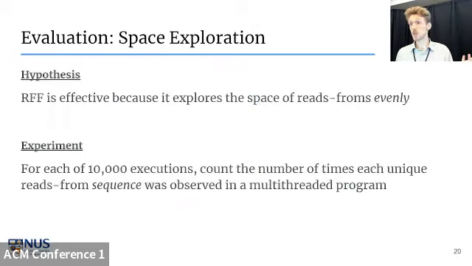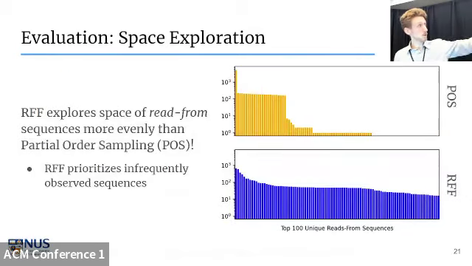And our theory was that RFF does well because it's exploring the space of reads froms evenly, or at least more evenly than other approaches. So we ran an experiment and compared with another concurrency testing algorithm, partial order sampling. We found that actually, yes, in fact, our approach does do a much more even exploration of the reads from space.